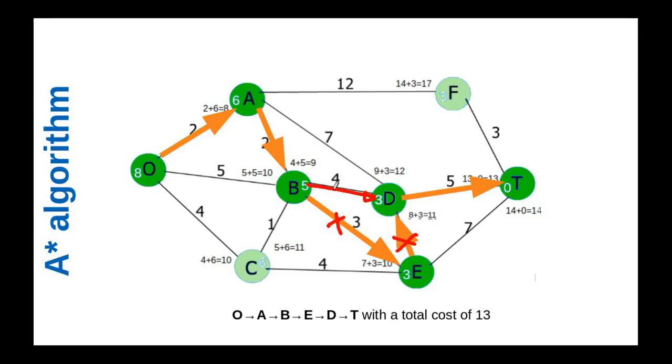But we can decide for any of these two solutions. And can you see that the total cost is 13, that is the same as the Dijkstra algorithm and it's smaller than the greedy algorithm, which is faster, but it's not optimal.